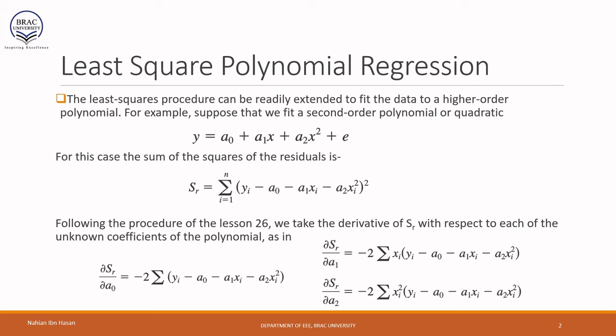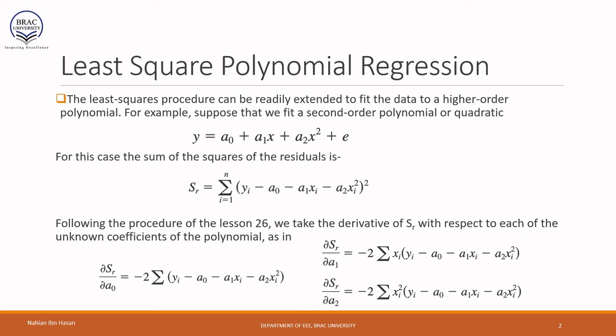If you remember, the error term is denoted as the difference between the true value and the approximated value. So if we algebraically manipulate this equation, we get the error term, which is y minus a0 minus a1xi minus a2xi square. This is the difference between the true value and the approximated value. So this is the error.